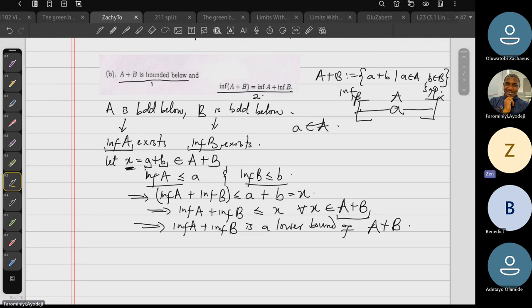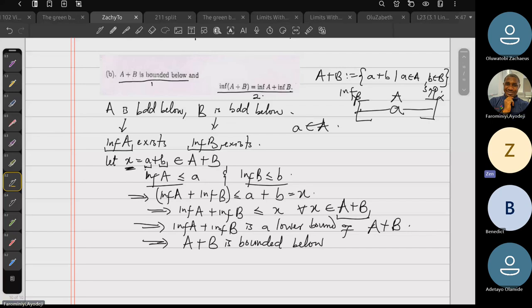Yes, sir. So what does that tell us about A plus B now? That A plus B is bounded below. That's what I wanted to hear. So if the infimum of A plus the infimum of B is a lower bound, that means that A plus B is bounded below. Right?